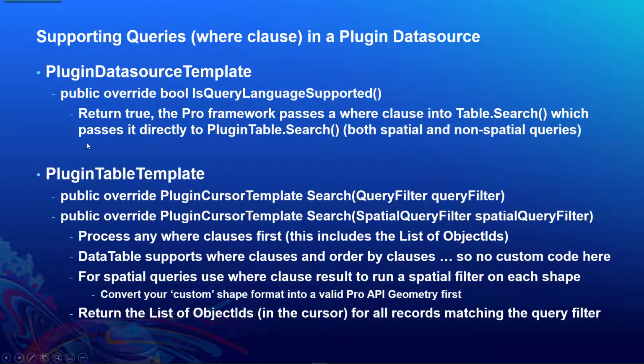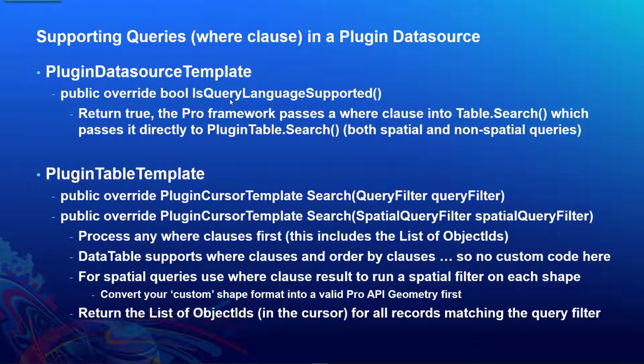Okay, so next we're going to look at supporting queries. Remember, initially we said the isQuery language supported by default returns false, and we don't need to worry about queries. However, if we want to increase performance and move the queries from Pro into our data source code, then we have to return a true for isQuery language supported.